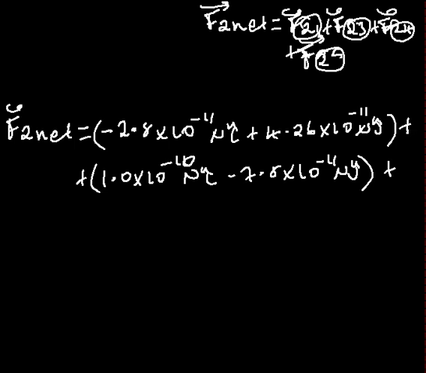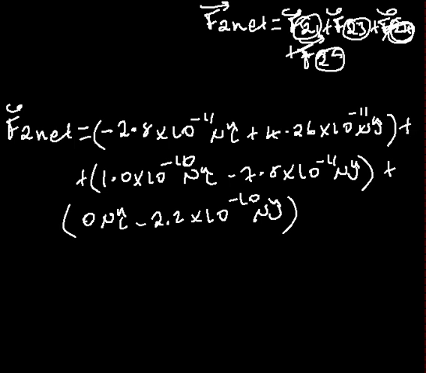On the case of F24, we have 0 newtons along i, and minus 2.2 times 10 to the power negative 10 newtons along j. And for F25, we have 0 newtons along i, minus 1.56 times 10 to the power negative 11 newtons along j. That's how we should have it.